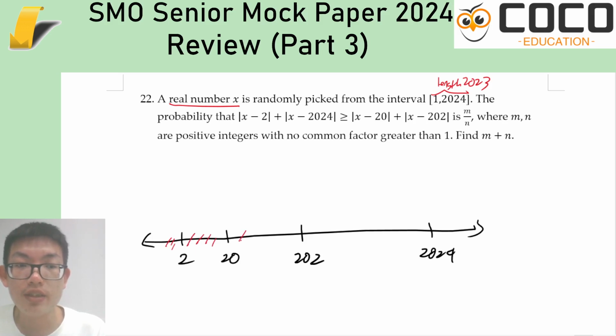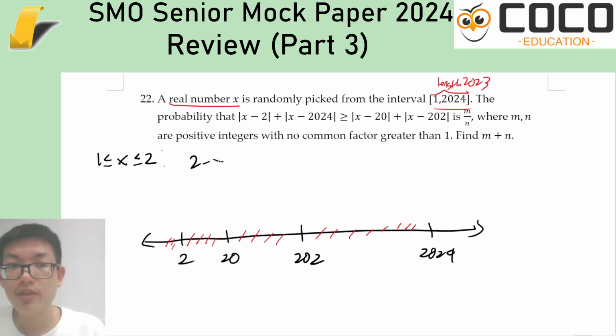So these are 4 intervals. You don't have to check the right side because it stops at 2024. Now, if x is less than or equal to 2, well, between 1 and 2, open up everything.